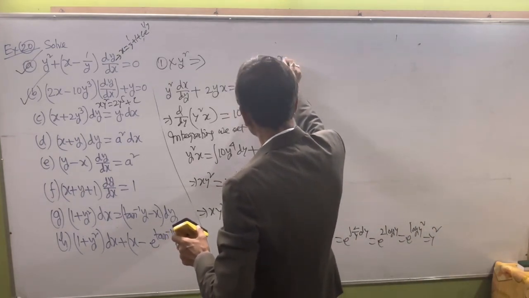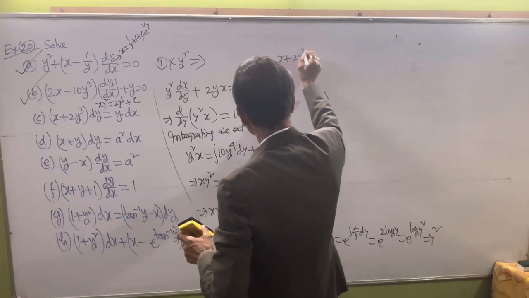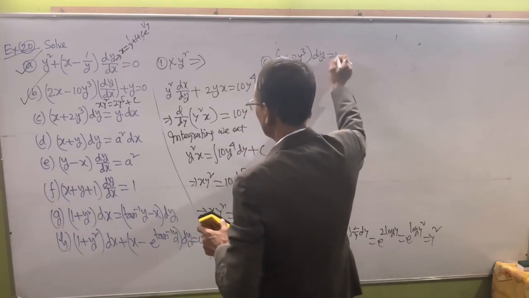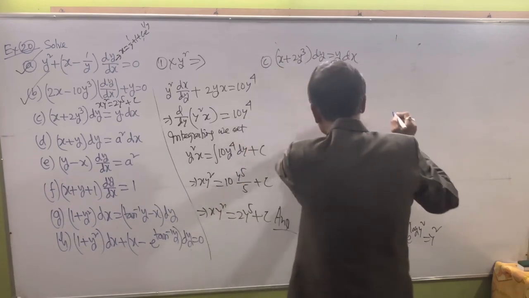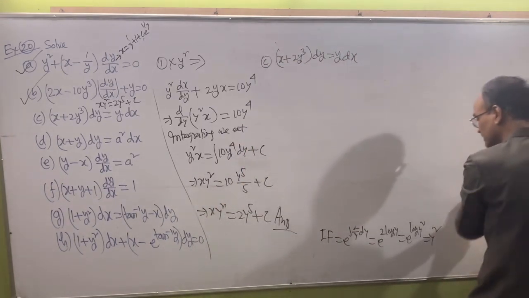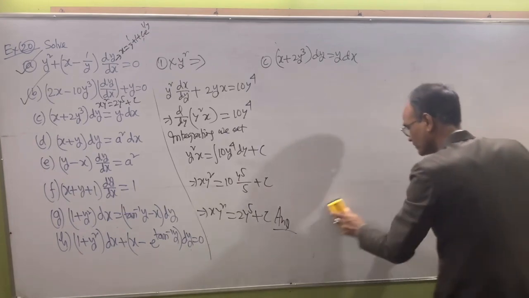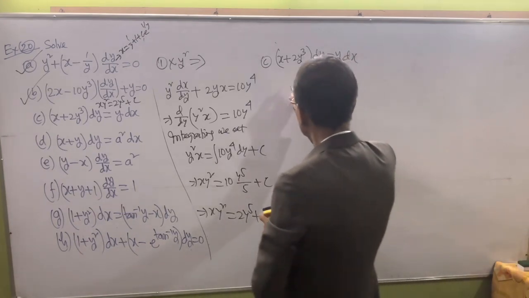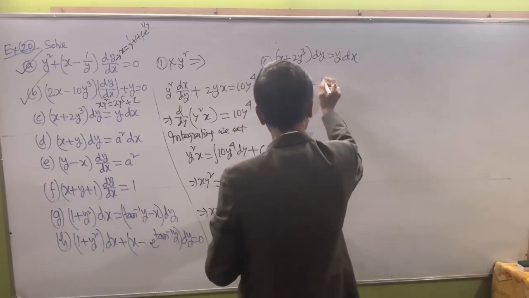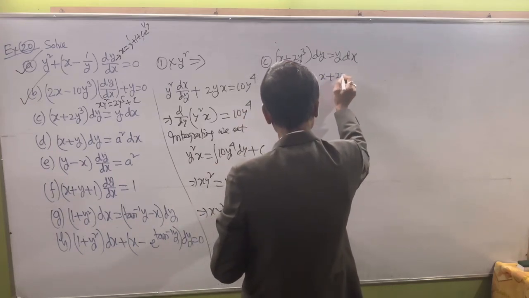In C we have x plus twice y cube dy equal to y dx. This means you may write dx by dy equal to x plus twice y cube divided by y.